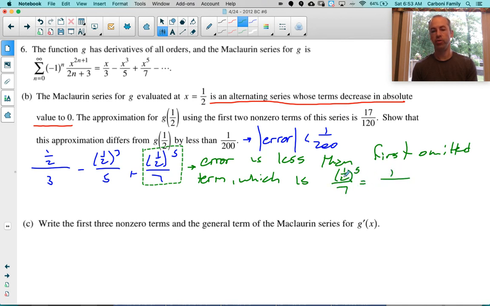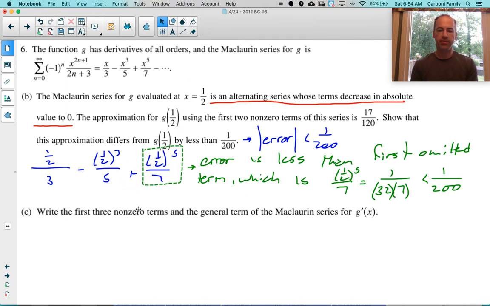So that'd be 1 over 2 to the 5th is 32 times 7. 7 times 30 is 210, so 7 times 32 is definitely going to be something larger than 200, and the question was to just show that it is less than 1/200. We don't have to find the actual value of 1/32 times 7, and my times looks an awful lot like a decimal, so I'm going to change that into parentheses so the reader cannot possibly misread that.